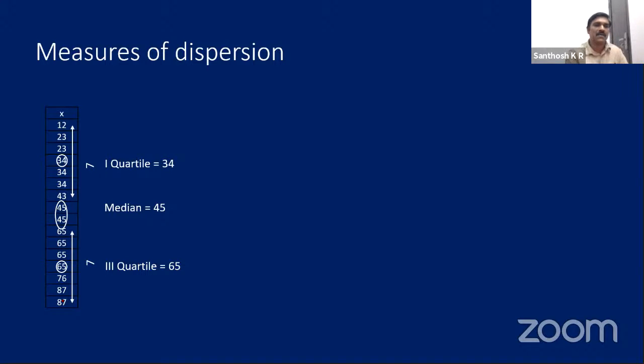And the mid value of the upper 7 of the data, I call the third quartile. So where is the second quartile? The second quartile is the median itself. So the first quartile is the midpoint of the 7 values below the median, and the third quartile is the midpoint of the 7 values above the median.